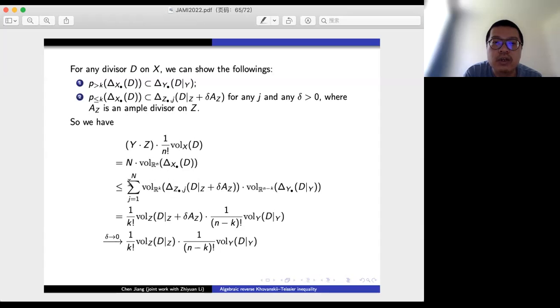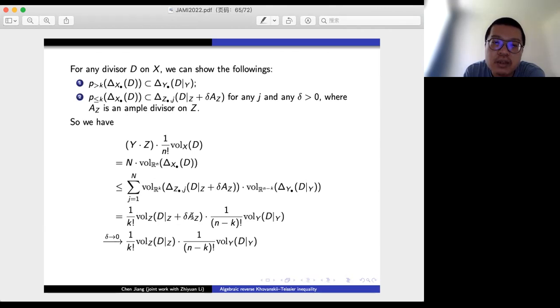So here the summation comes from this projection holding for any j, and there are n of them. Okay, and then we use the volume equality on the Okounkov body and the divisor. So then we have this one is just the volume of D plus delta A, and this one is just the volume of D restricted on y.